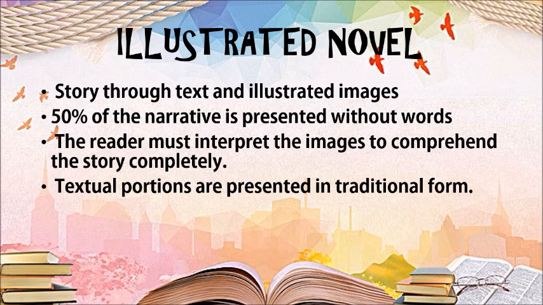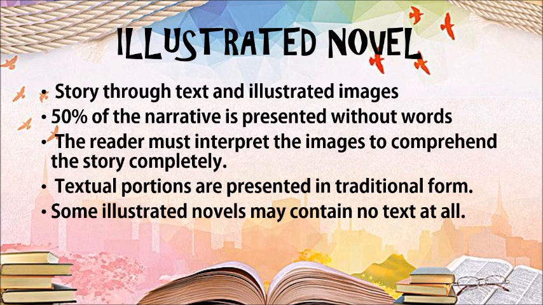Textual portions are presented in traditional form, and some illustrated novels may contain no text at all. So not all illustrated novels have text. Most of the time, or sometimes, they consist only of illustrated images, and the reader must interpret the meaning of the images presented to understand the complete novel.